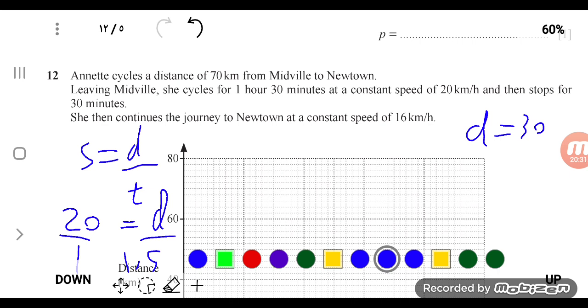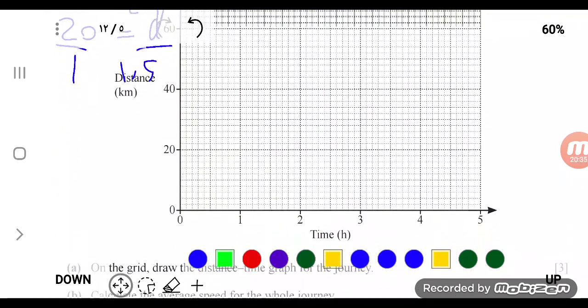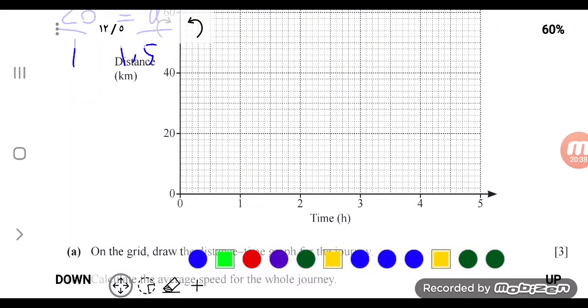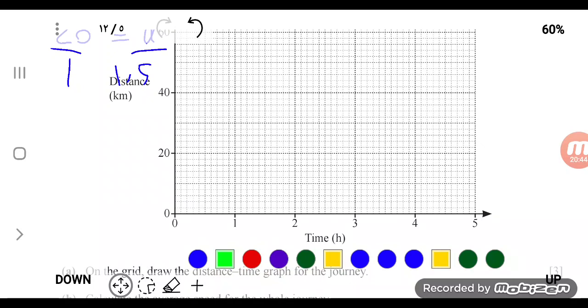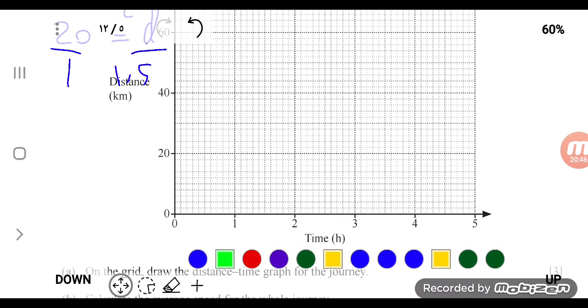So now let's draw this on the graph. You have to draw 1.5 hours and 30 kilometers. So here you have 1.5 hours at this point here, and here you have 30 kilometers.